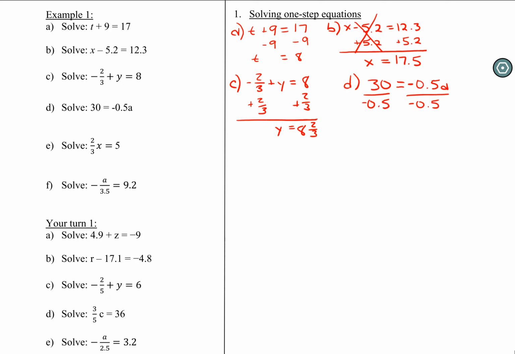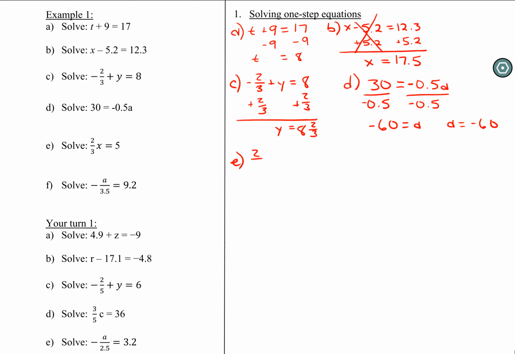Now, of course, you can use your calculator for these, but some of these are pretty simple. But don't forget about your positive and negative sign rules. And so I have an answer here of negative 60 is equal to a, which you would really just write as a is equal to negative 60.